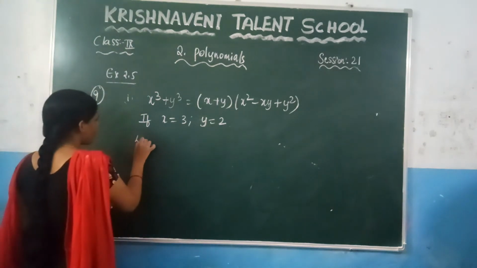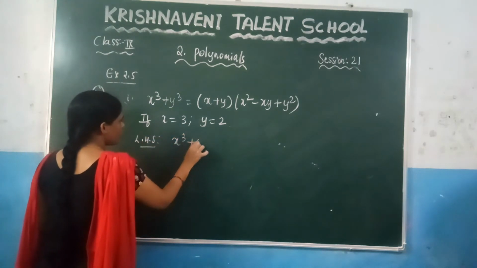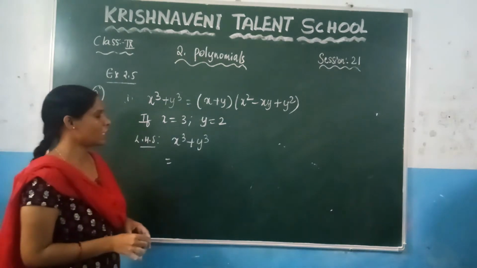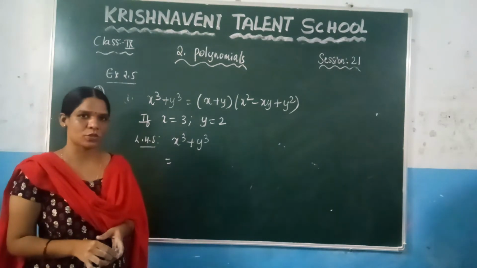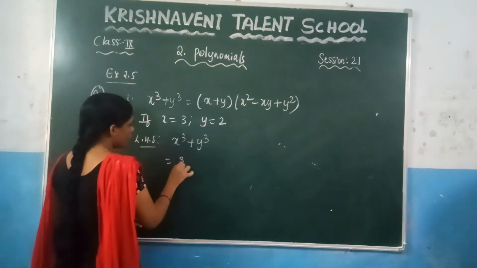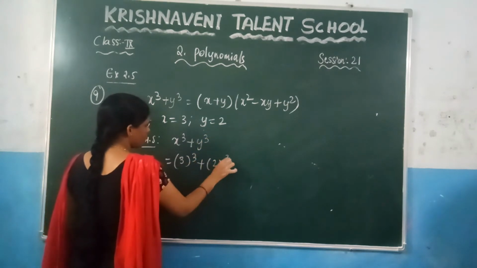Now take the value of LHS. What is LHS? It is nothing but x cube plus y cube. In place of x substitute 3, and in place of y substitute 2. You can take any values in this case. So here 3 cube, and the value of y is 2 cube.